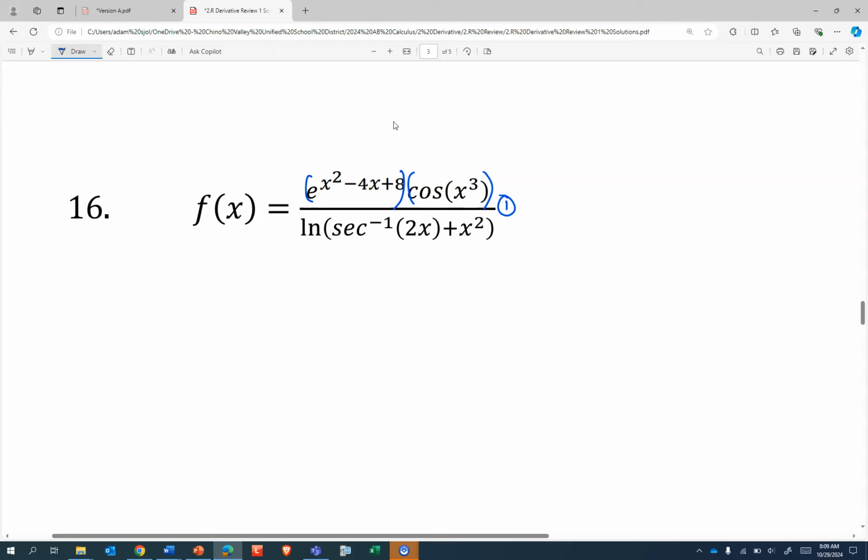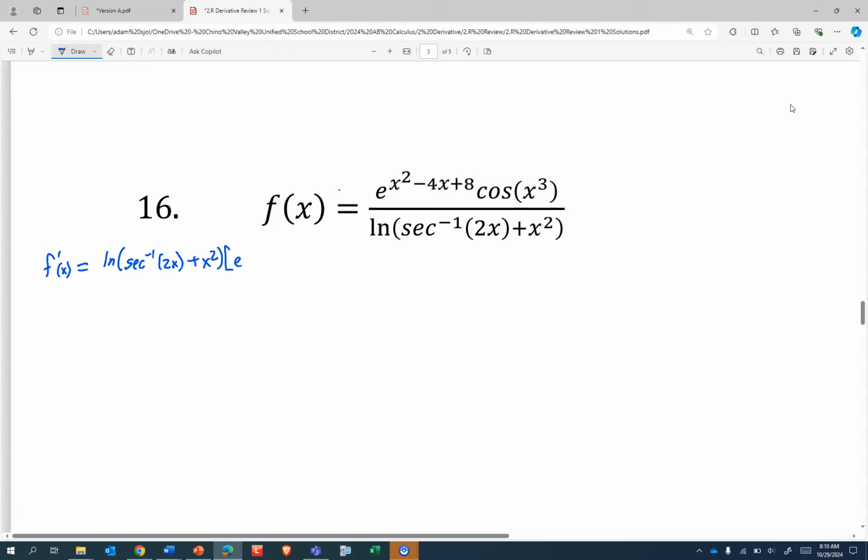Okay, so denominator, I hopefully copied correctly, times the derivative of the numerator, and the derivative of the numerator is the first function times the derivative of the second function, negative sine of x cubed times 3x squared.